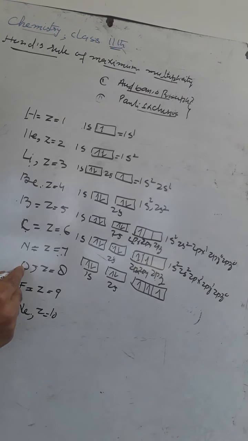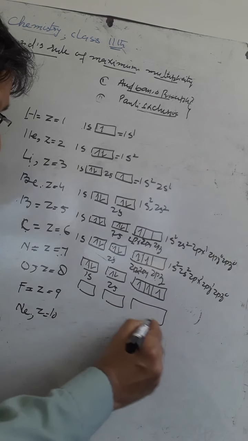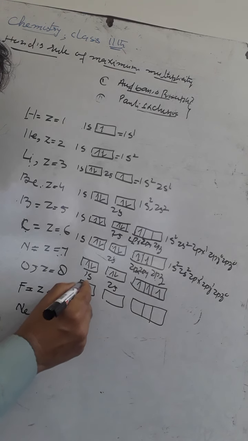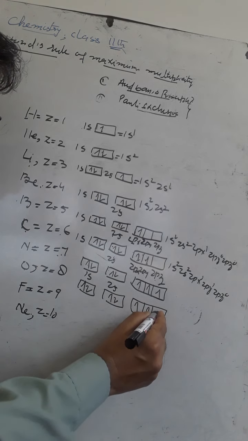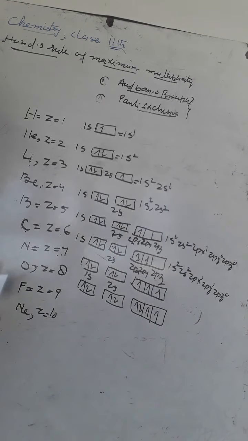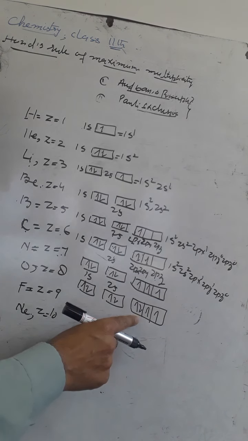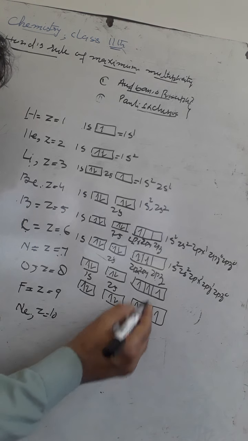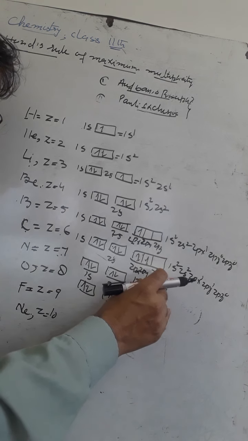Again, let me take the case of oxygen. It is 1s, 2s, 2px, 2py, 2pz. It contains two, two, then one, one, one, right? Now one is left, and then I will start the pairing. This is Hund's rule of maximum multiplicity, that no electron pairing takes place in the orbitals of the same subshell unless each orbital can get one electron.